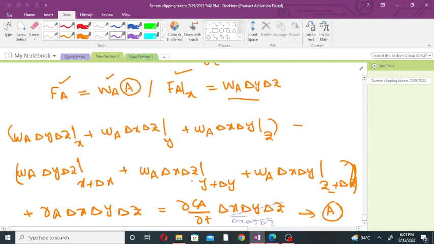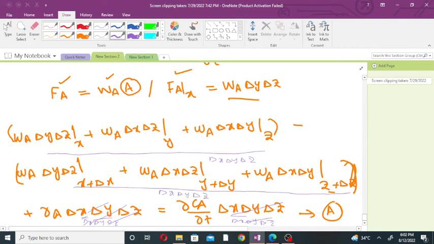So the delta x delta y delta z will cancel with the generation and accumulation terms. This whole term will be divided by delta x delta y delta z, and this whole term will also be divided by delta x delta y delta z.